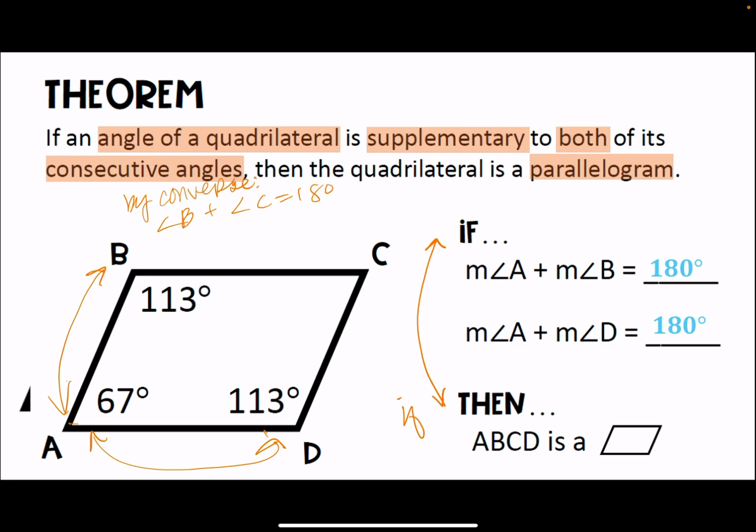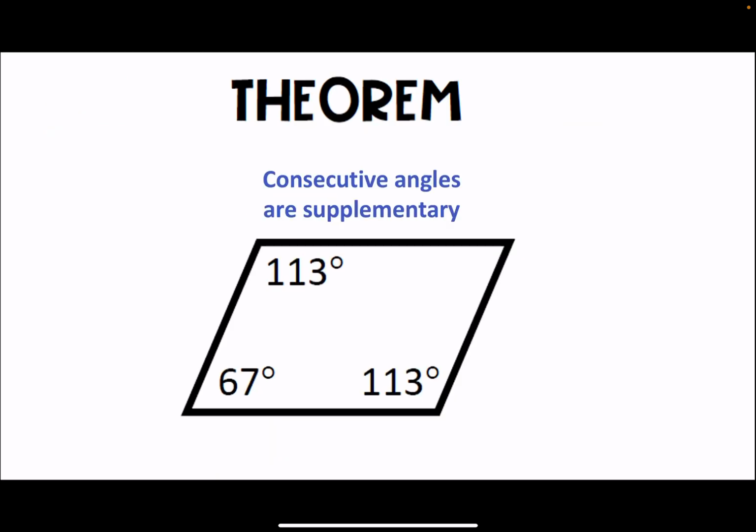But it would also mean that angle C plus angle D would equal 180. All right, so it's great because this opens up a lot of ways for you to solve. All right, so on the front, I want you to go back and I want you to write that the theorem and its converse is that consecutive angles are supplementary. So make sure this is on the front.